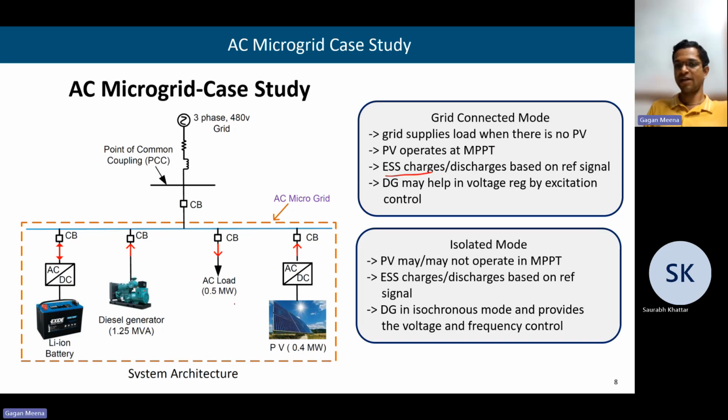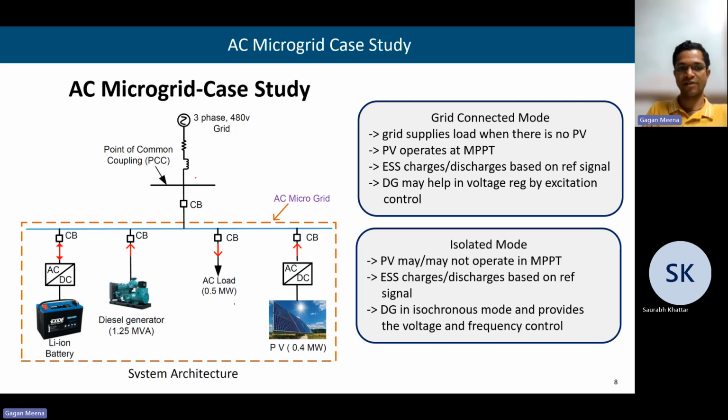And the storage will charge or discharge based upon the reference signal. It will be based upon its SOC. And then the DG may help in voltage regulation by excitation control. Frequency control is achieved by power balance using the grid supply.